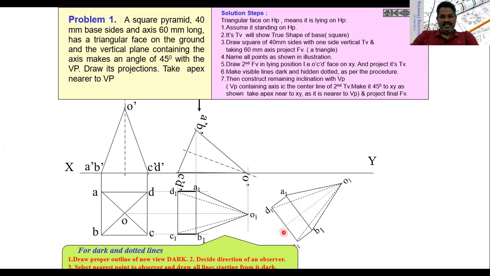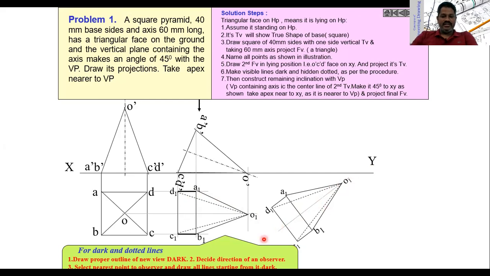Draw a line at 45 degrees to VP. This is exactly the 45 degrees line that you can see here. Locate one point O dash, then transfer all these distances and construct this shape exactly at an angle of 45 degrees.